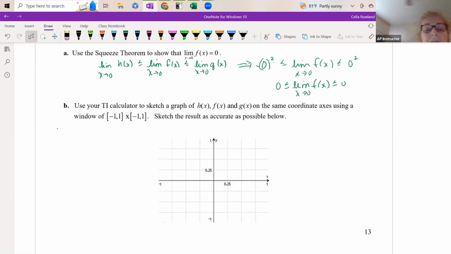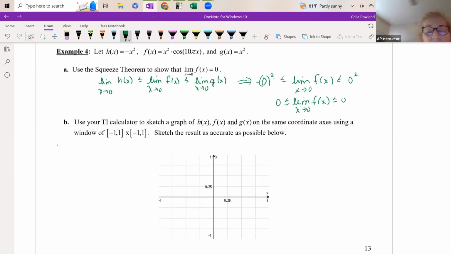So let's graph this. If I graph g of x, at 0.5 this is 0.25. If I have 1, it's 1. I come out here, and at negative 1 it's 1. So this is my g of x.